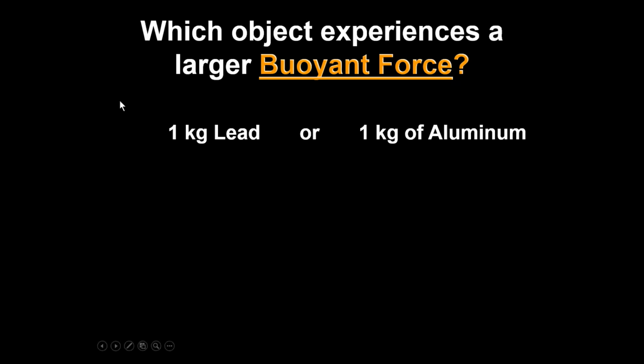If I had 1 kilogram of lead, or I had 1 kilogram of aluminum, and they're both submerged in a fluid, which one's going to have a larger buoyant force? Now that you've had a chance to answer, it is the aluminum that is going to have a bigger buoyant force.